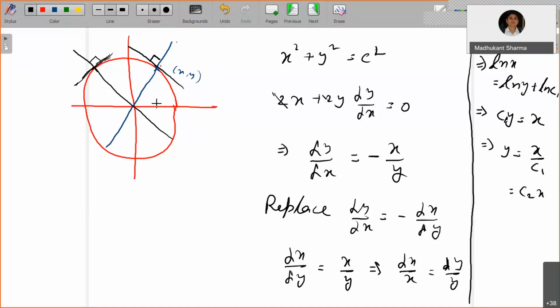It will cover all the straight lines passing through the origin. Take any straight line passing through the origin. These are the orthogonal trajectories for the family of circles centered at the origin. The radius could be any, since c square is an arbitrary constant; it may be as large or as small as possible. So all straight lines passing through the origin give the orthogonal trajectories of the family.